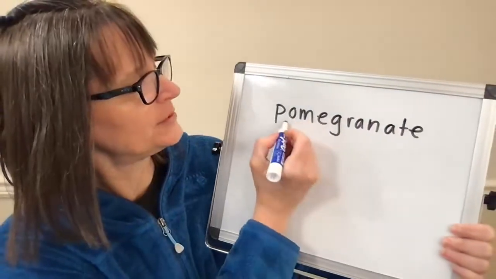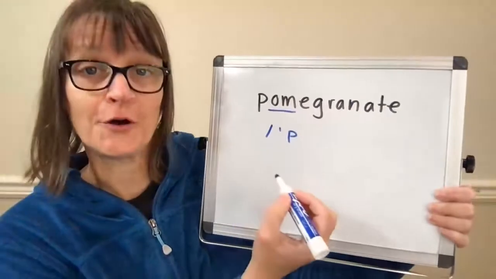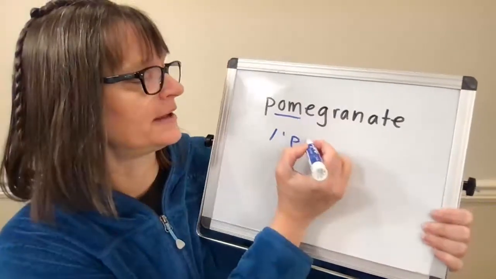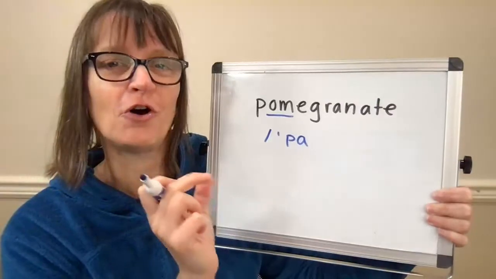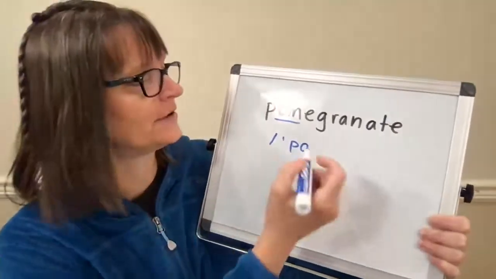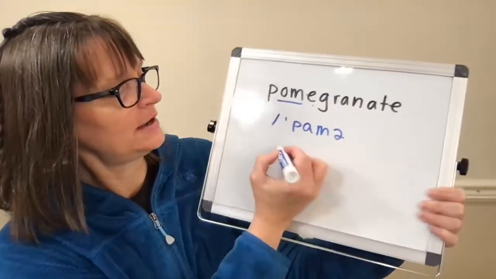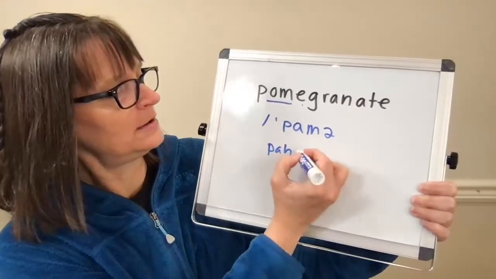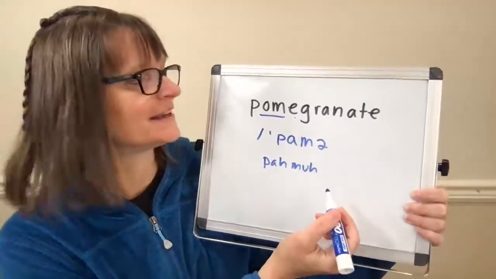We have first syllable stress, so the pom syllable is stressed. Letter O says ah in pomegranate. That's typical in English: in a stressed syllable, letter O will often say the ah sound. Letter E in pomegranate is going to be a schwa, so it sounds like pa, ma. That's what we have so far. It's short and reduced on that second syllable.